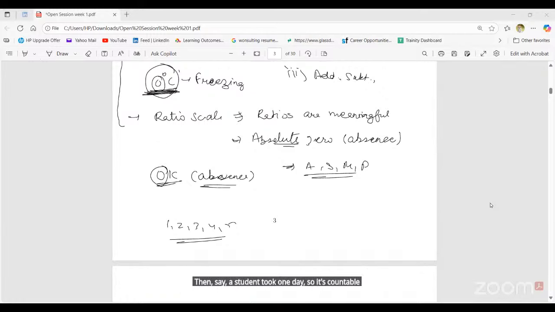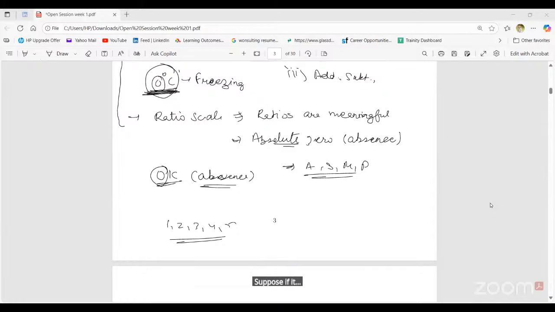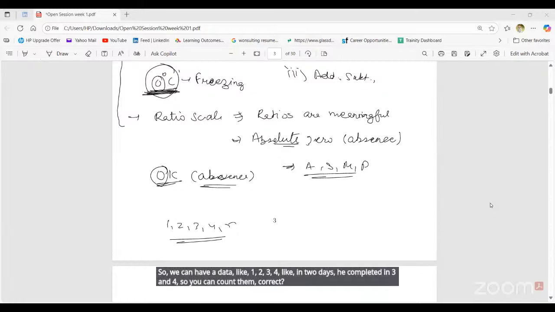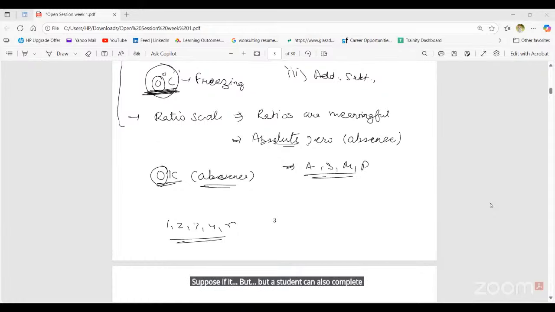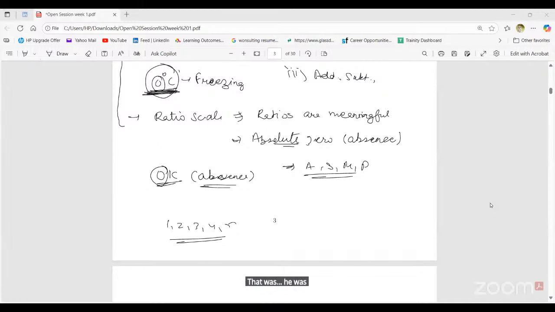It's a single value, so it's discrete. So we can have data like 1, 2, 3, 4 days, and you can count it. Correct. A student can also complete a project in 2.5 or 3.5 days. That was what he was asking. Like 2 days and a half day, 3 days and a half day, something like that. Okay. That is also discrete, you can say.